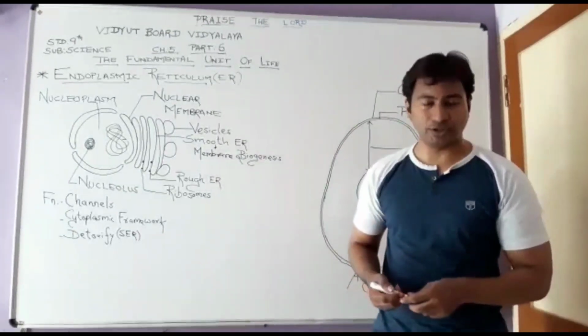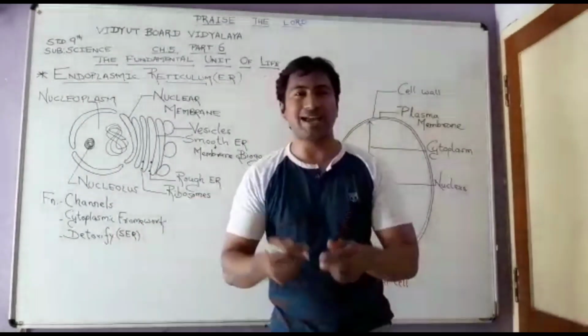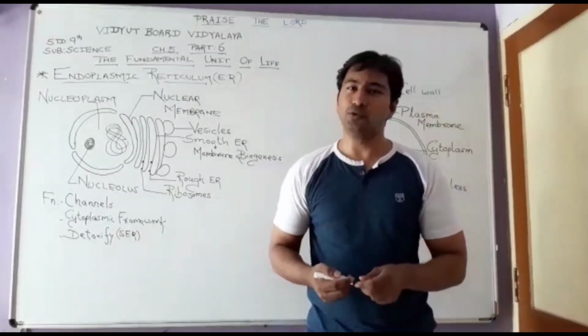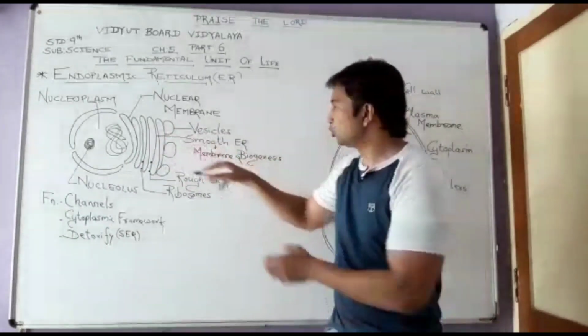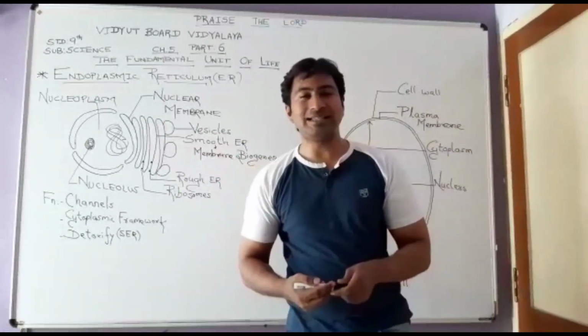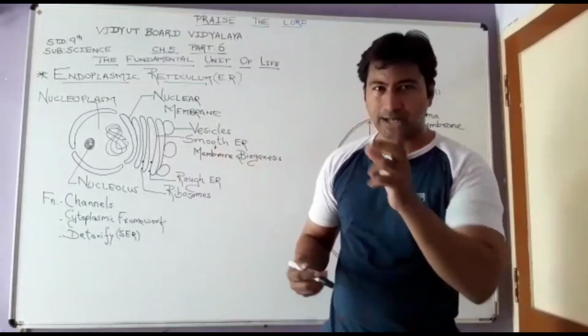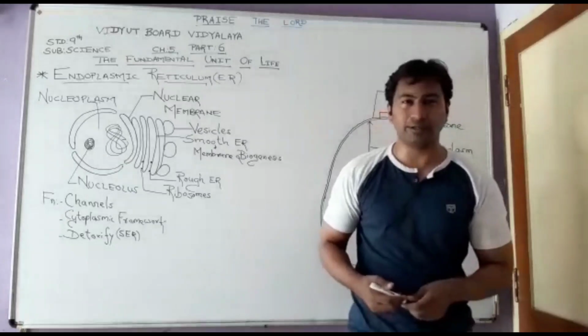Now let us go into the crux of the function which is being done by the endoplasmic reticulum. One of the major functions of the endoplasmic reticulum is that it acts as channels, between the synthesis which is done by itself and the other regions of the cell. The second basic function is the cytoplasmic framework.